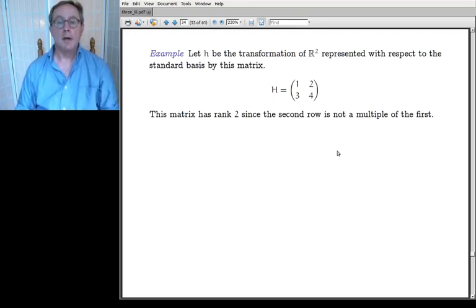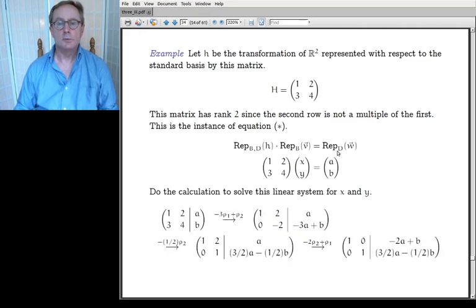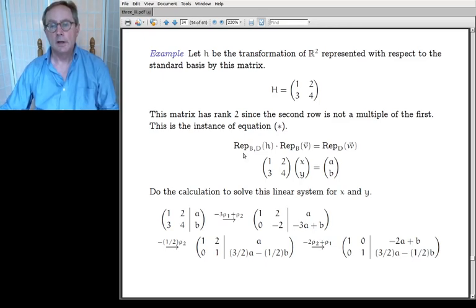Okay, and again, back to the 1, 2, 3, 4, because I'm not a very imaginative person, and also because it is clearly an arbitrary matrix that has not been cooked up to be special in any way. And this matrix obviously has rank 2 since the second row is not a multiple of the first. All right, and so we're looking at the equation star: the representation of the map and the representation of the input vector gives you the representation of the output vector.